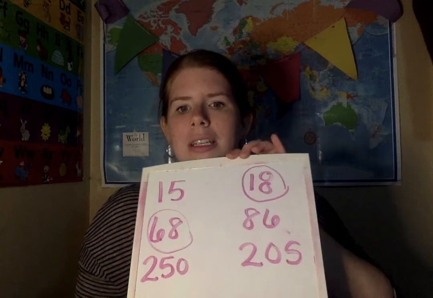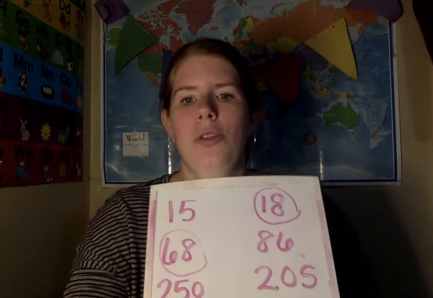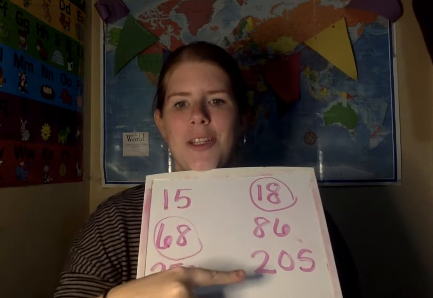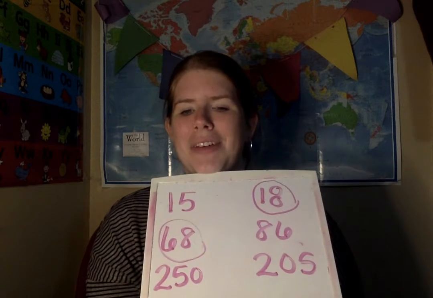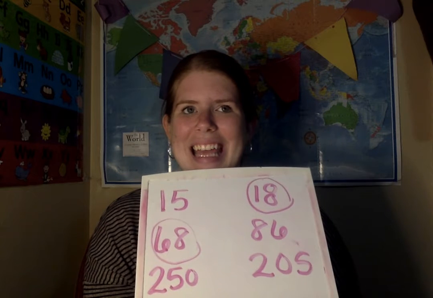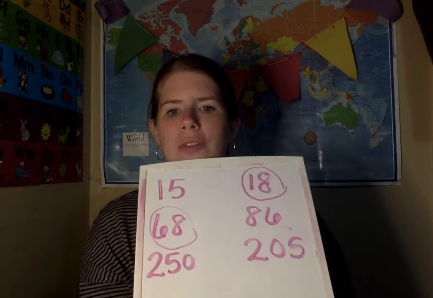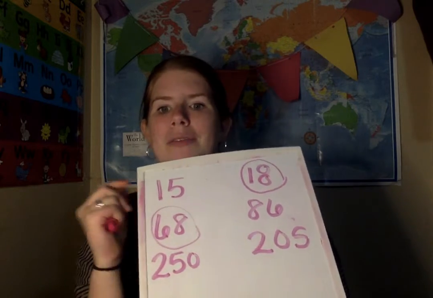Now, how about these tricky numbers? These are 3-digit numbers. We have 250 and 205. Which one's bigger, 250 or 205? Very good, 250.